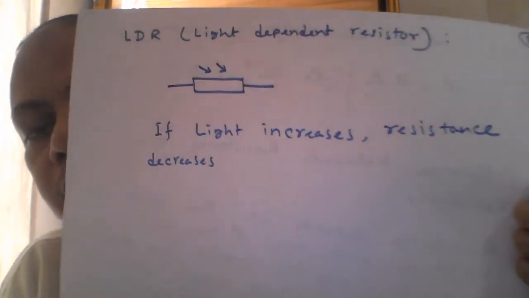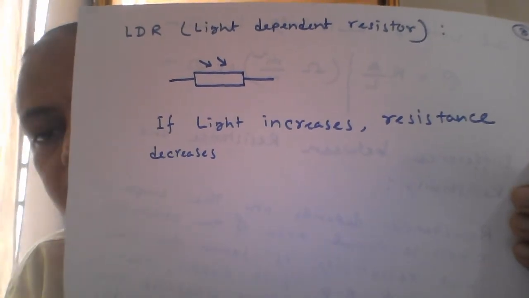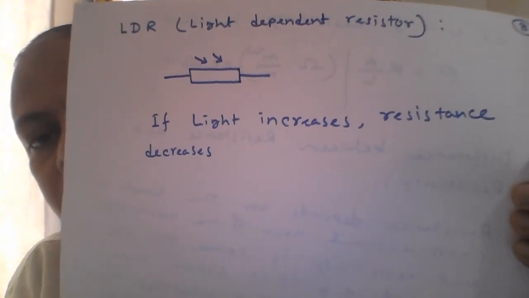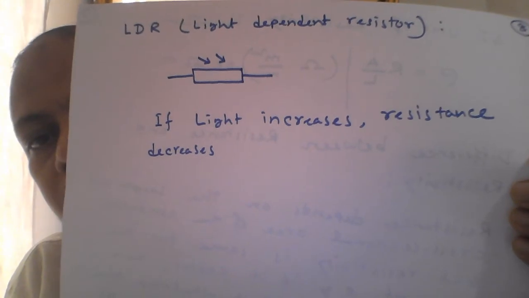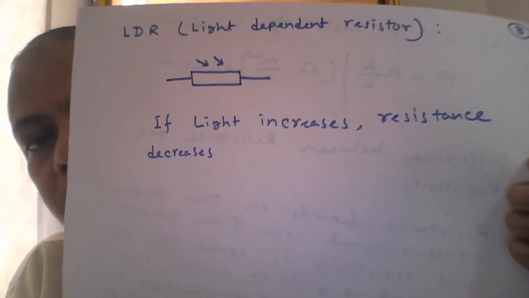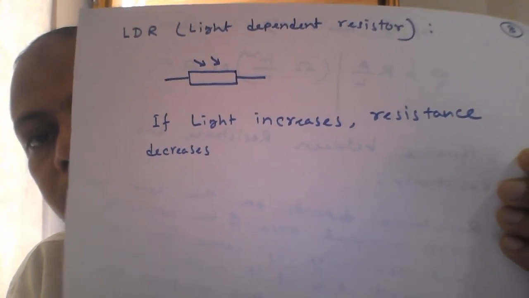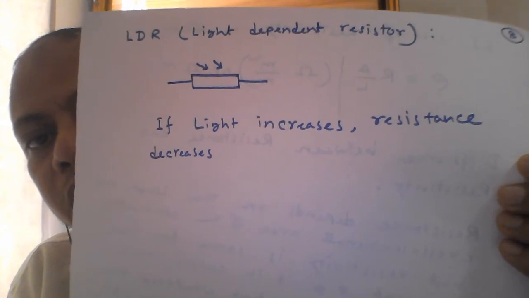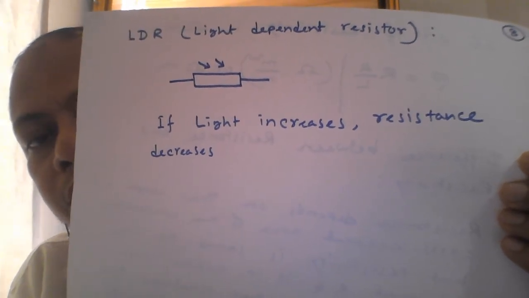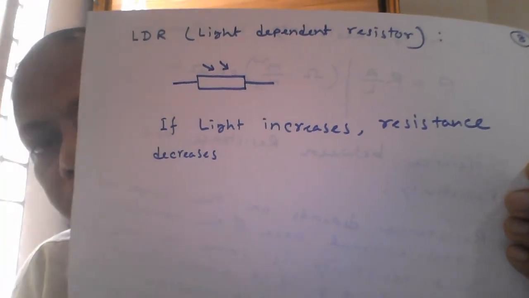And how it is light dependent, I wrote here: if light increases, resistance decreases. I repeat, if light increases, that means the light is falling on the resistor. If the intensity of light is more, then the resistance of the resistor or LDR decreases.